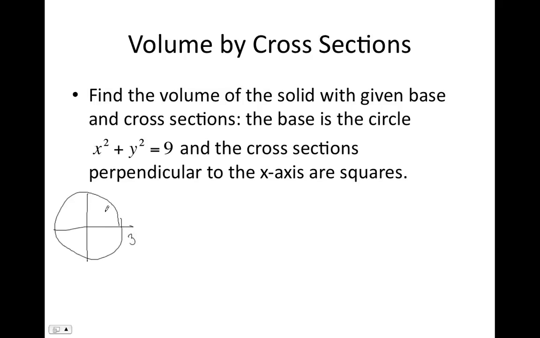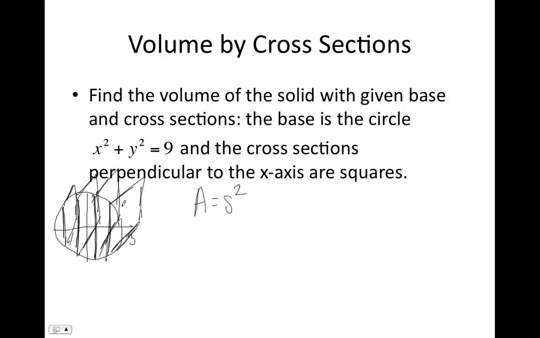And the cross sections perpendicular to the x-axis are squares, which means everywhere I have a cross section here, it's going to form a square popping out of the page. Hopefully that looks better on the smartboard than it does on my screen. Okay, so each of these squares, the area of one of these squares is the side length squared, yes?